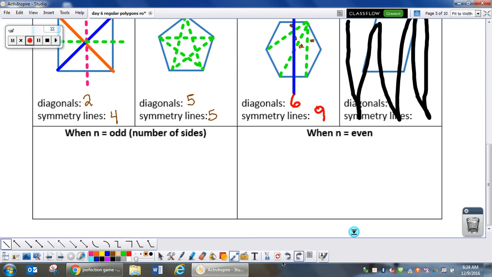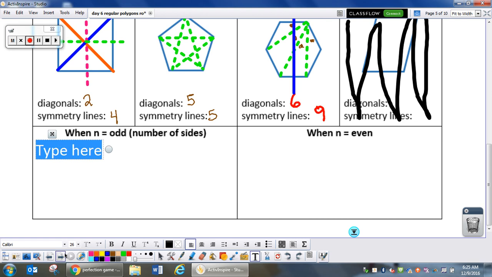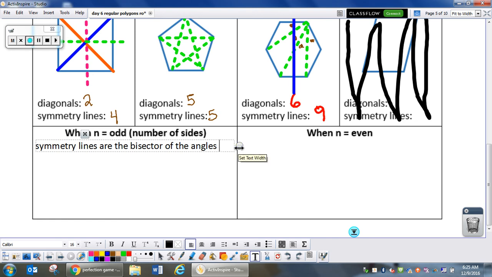Which leads us to when you have an odd number of sides, so for example, a triangle, a pentagon, a heptagon, which is 7 sides. When you have n number of sides, your symmetry lines are the bisectors of the angles, and there are n of those.